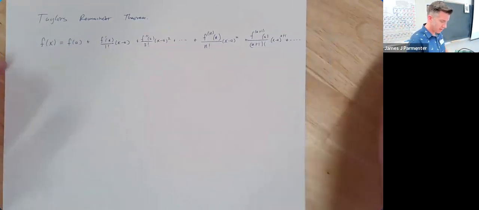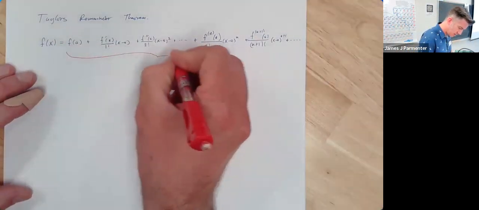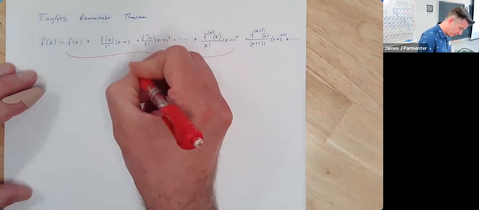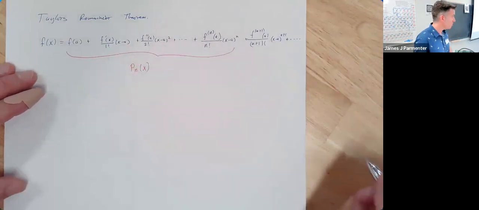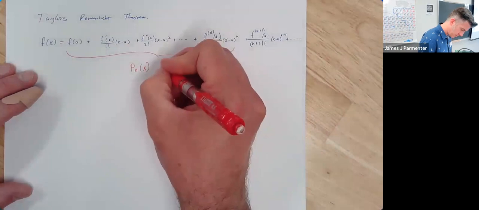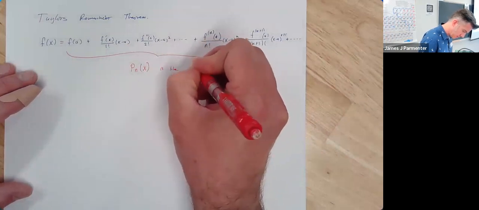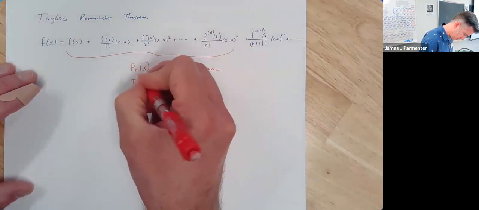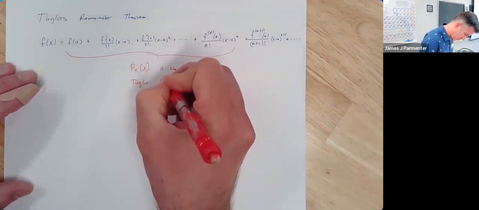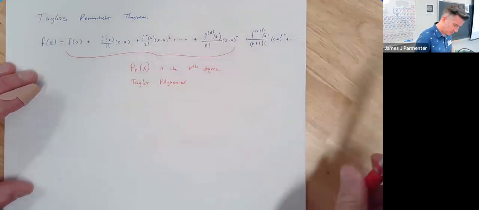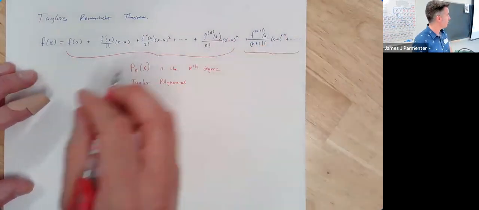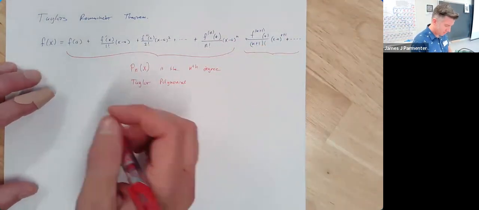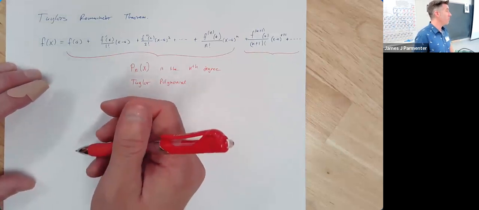So what we're going to do is say this is going to be the nth degree Taylor polynomial. And this part over here, all the rest of the terms forever and ever, that is the nth degree Taylor polynomial remainder.